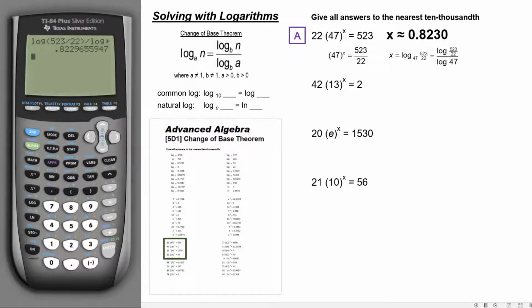Let's define our second equation to be B. Originally we had 42 times 13 raised to the x equals 2. Now you should have 13 raised to the x equals 2/42. I'm going to write log of 2 over 42 to base 13 equal to x.